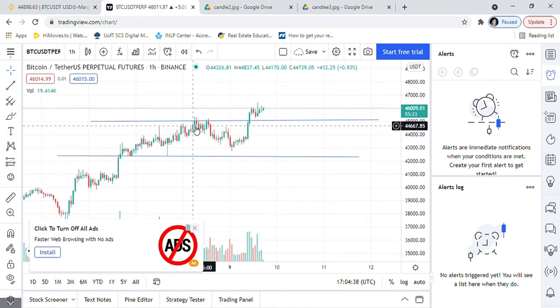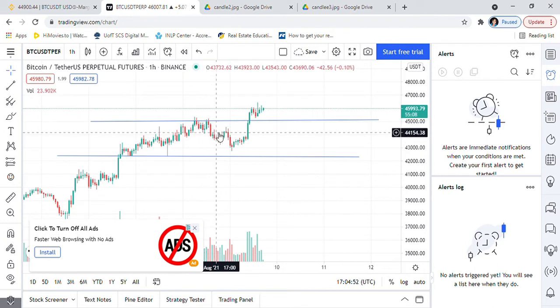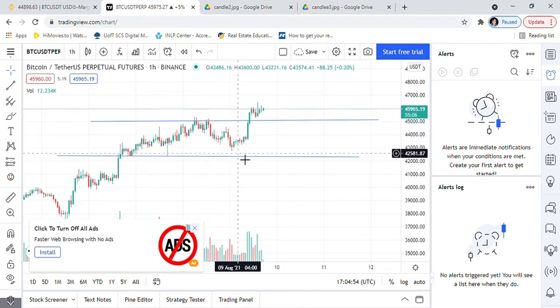And then if you want to enter again, you wait till it hits the resistance. When it touches the resistance, you can short it. You can short it confidently that it's going to go back down, and then you wait. You get out right before the support.